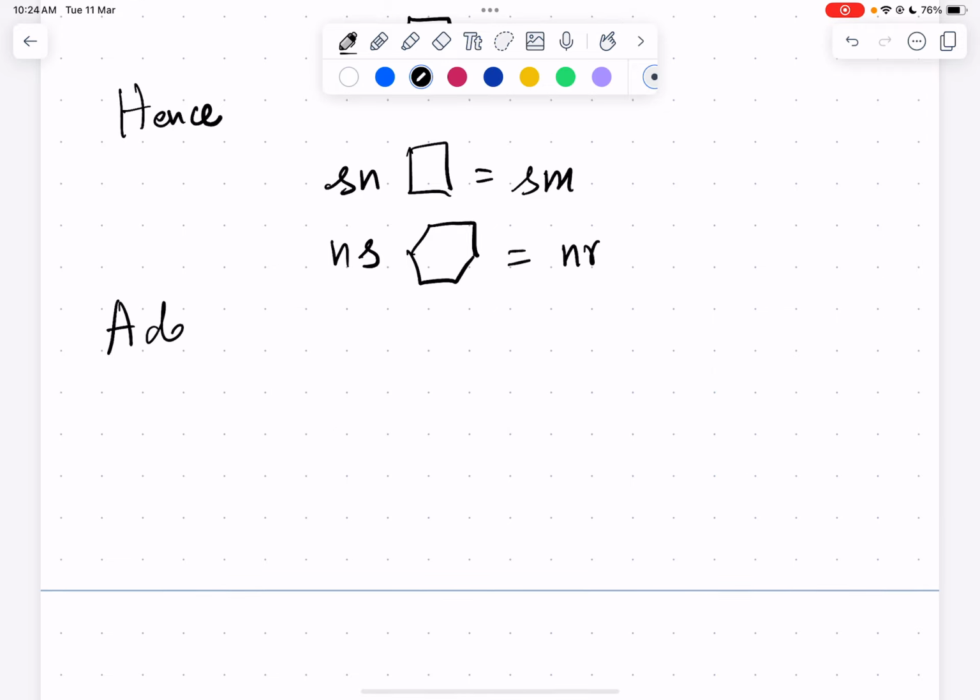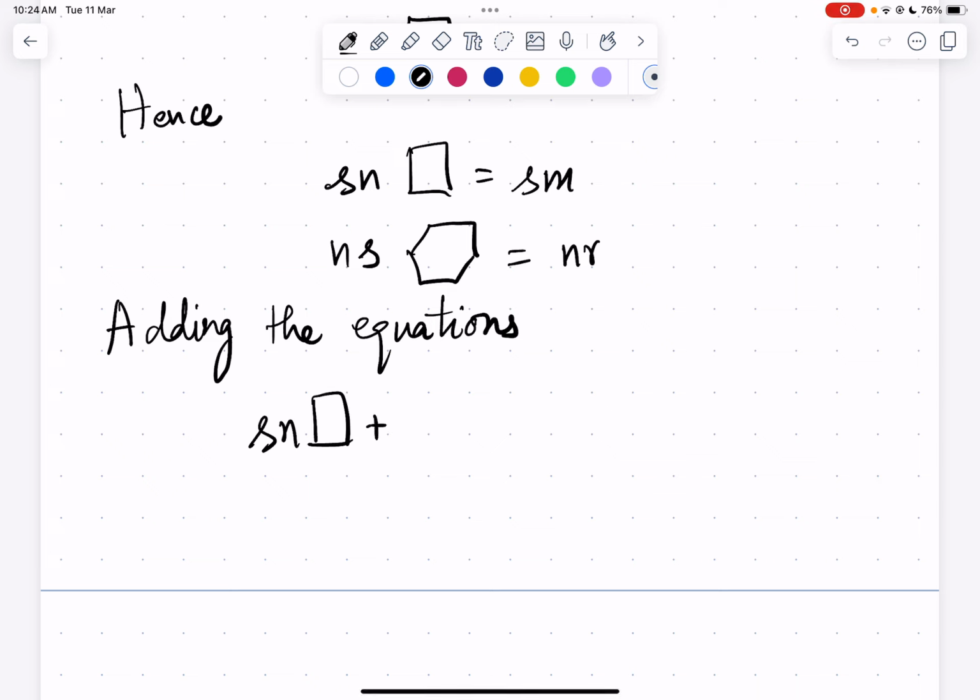And we can add the equations. So we get sn box plus ns hexagon equals sm plus nr.